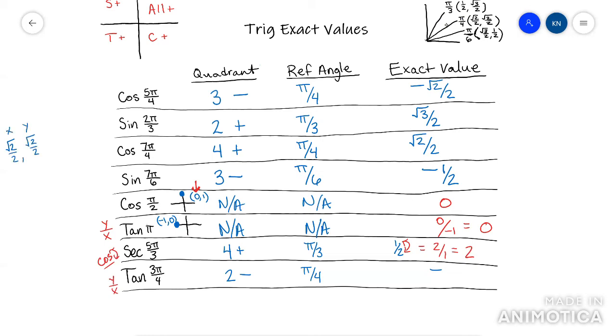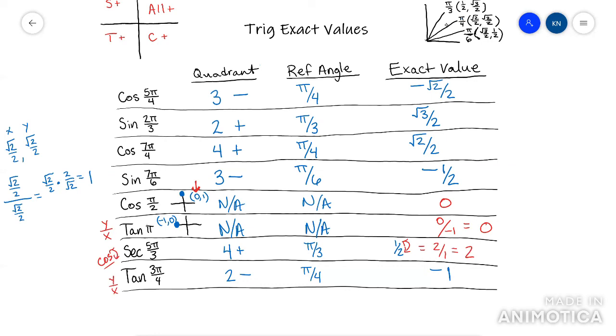Here's my x, here's my y. You have to put y over x, so that's going to look like root 2 over 2 over root 2 over 2. Flip the bottom fraction and multiply, so it becomes 2 over root 2. Everything cancels. It's 1. So my answer is 1, but remember, it was in quadrant 2, and tan is negative there. So my answer is actually -1.